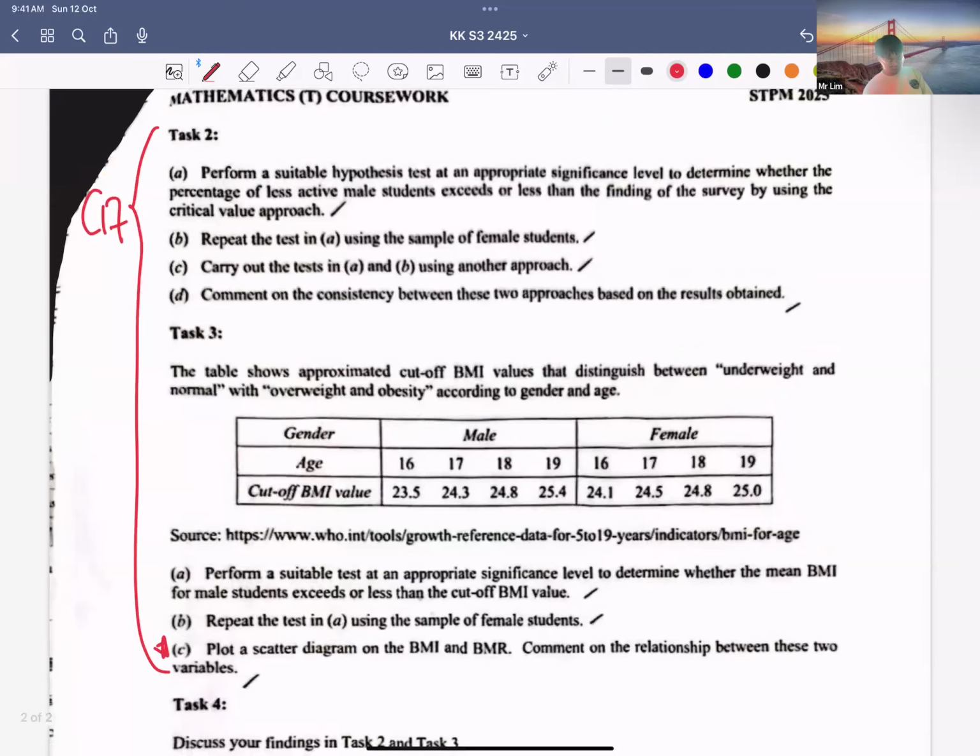From here to here, I believe everything is in chapter 17. Only the last one, the scatter diagram, is something taught in Mathematics M, but not Mathematics T. How to comment about the relationship is also based on that. So this is an extra. This is the only extra thing I believe you need to know.